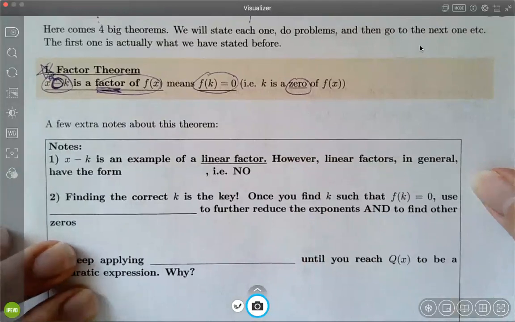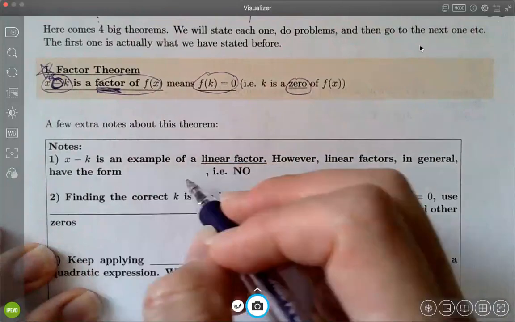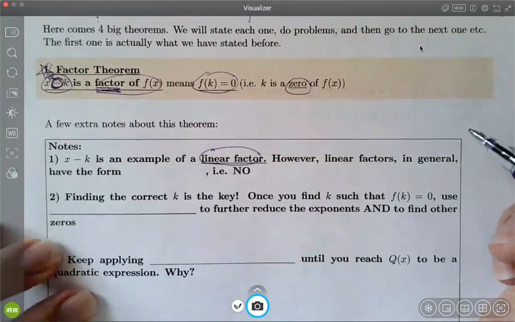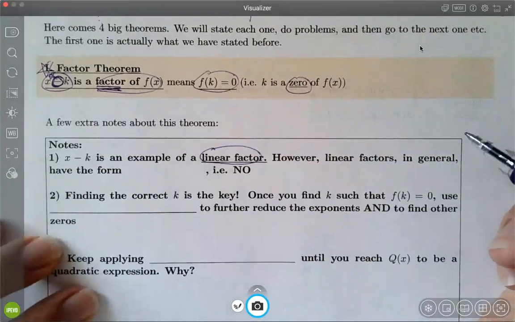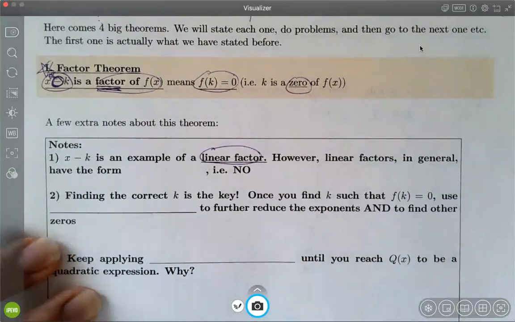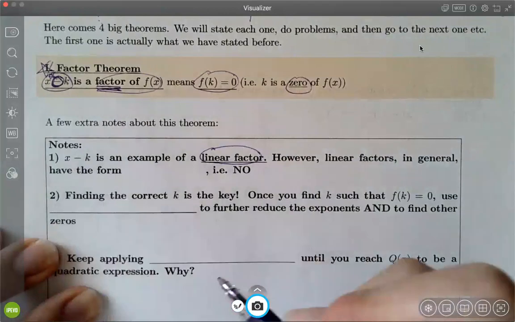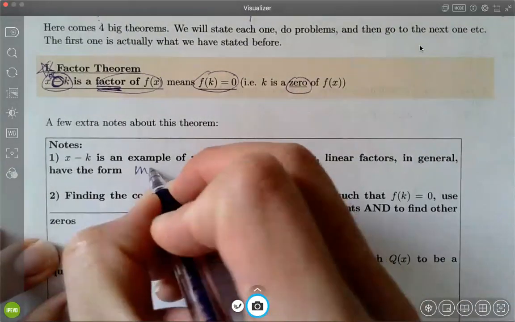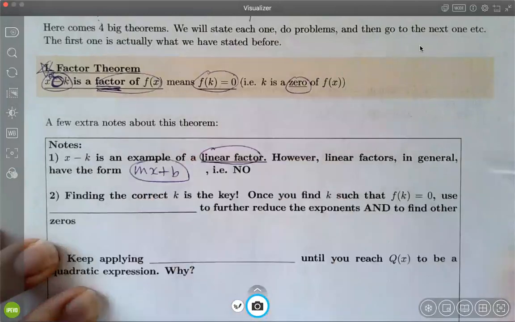x minus k is an example of a linear factor. When you do your homework, you will see the term linear factor several times. But that's not the only linear factor. Linear factors in general have the form mx plus b. That's what linear factor means.